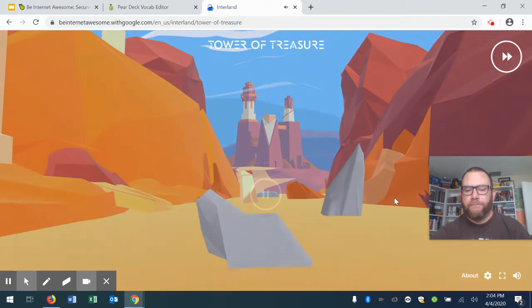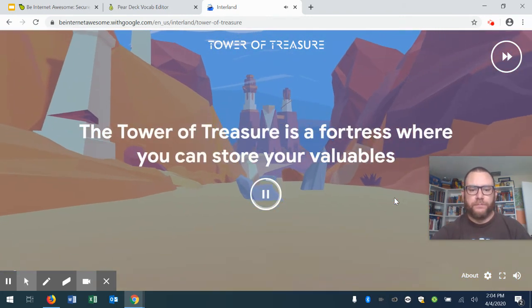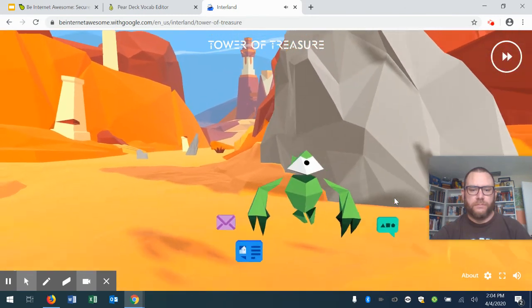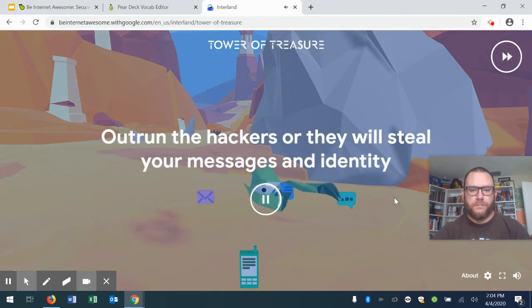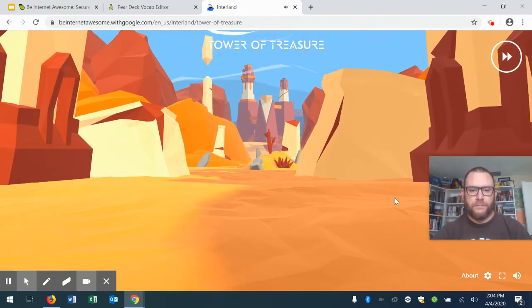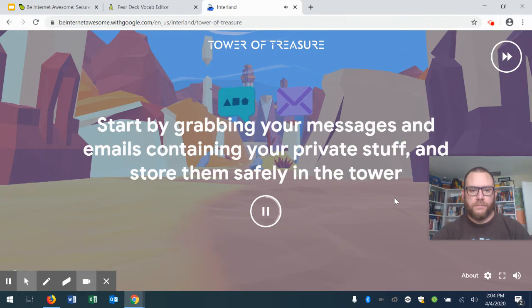I'm going to show you how to play. The Tower of Treasure is a fortress where you can store your valuables. Outrun the hackers or they will steal your messages and identity. Start by grabbing your messages and emails containing your private stuff and store them safely in the tower.